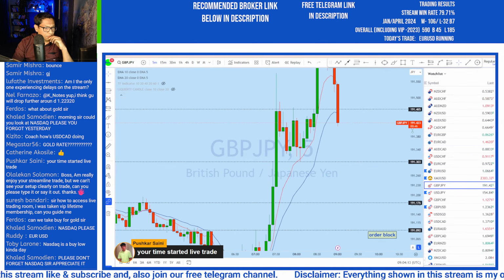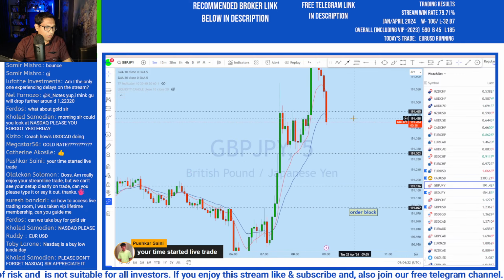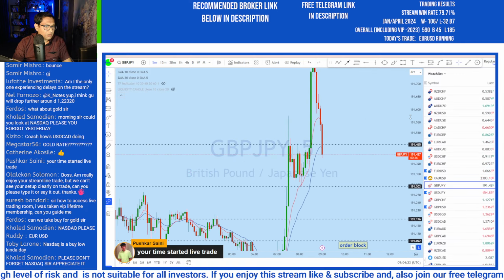So it's still bearish, still showing a bit of downside. The next candle might come and break that low and then could return back towards the upside.